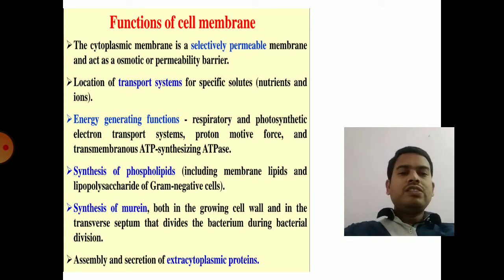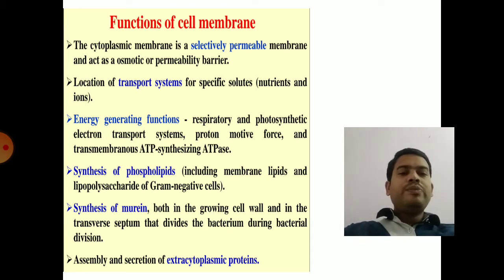Coming to the functions of the plasma membrane, especially in bacteria, the first and foremost function is transport across the biological membrane. The plasma membrane plays an important role in transport of molecules outside and inside, and all the transport systems and the proteins involved in them are present on the plasma membrane. Apart from that, respiratory proteins are also present on the plasma membrane.